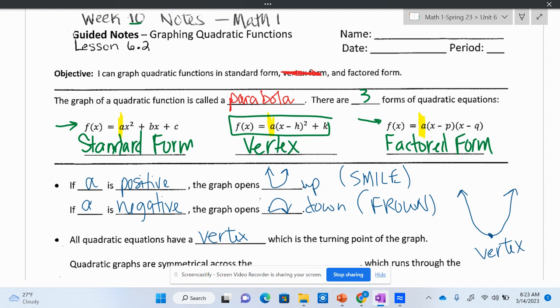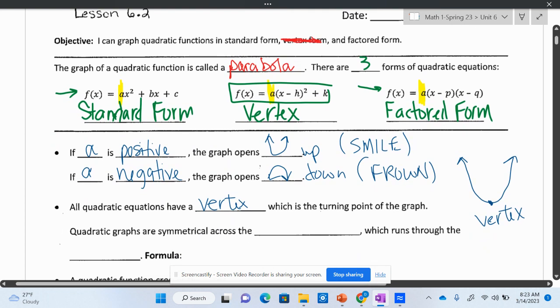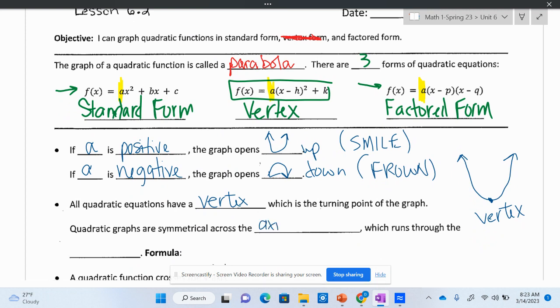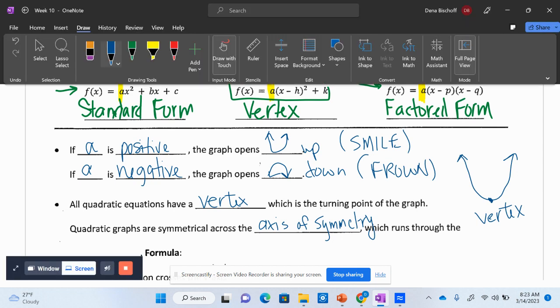Graphs also are symmetrical. They're symmetrical across the axis of symmetry. I need to make that bigger so I can spell that out. Maybe I just need to write it below it.